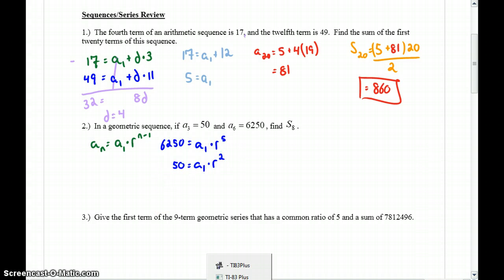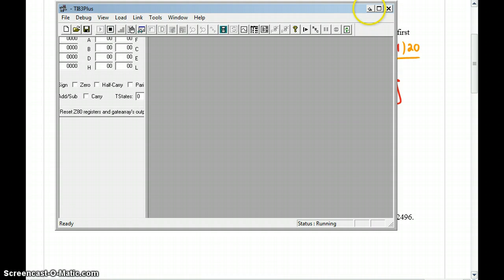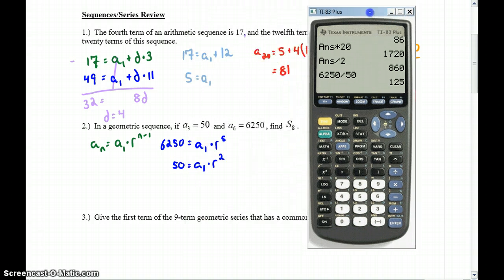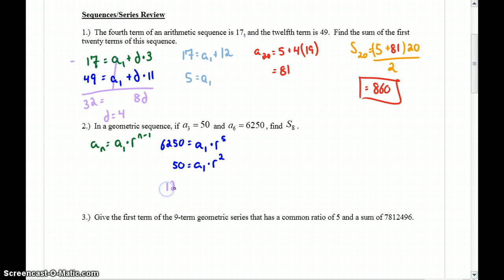So, 6,250 divided by 50 gets me 125. So I have 125 equals, well, A1 over A1 cancels out, and I have r to the 5th over r squared. Using our exponent rules, we subtract those, r cubed. When I take the cube root of that, I get that the common ratio equals just 5.